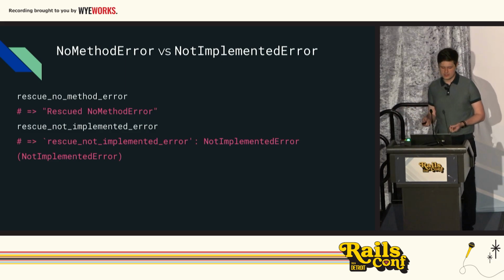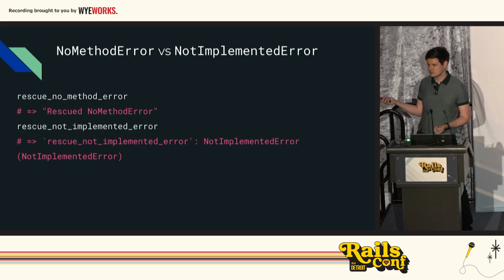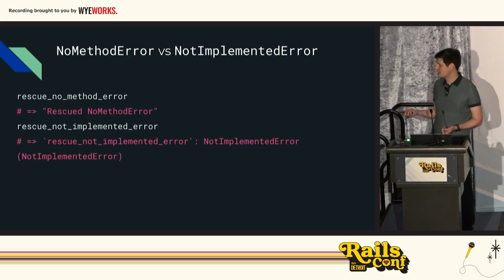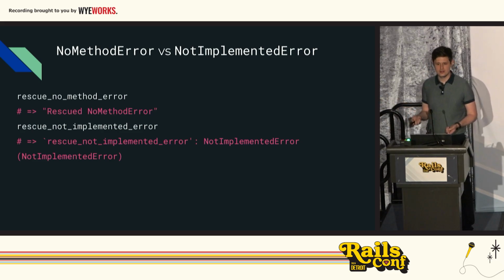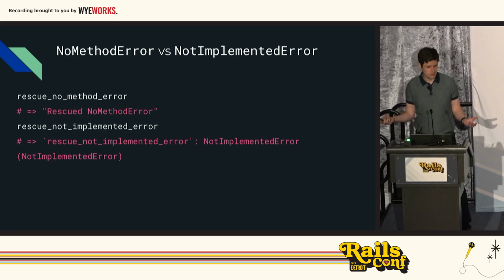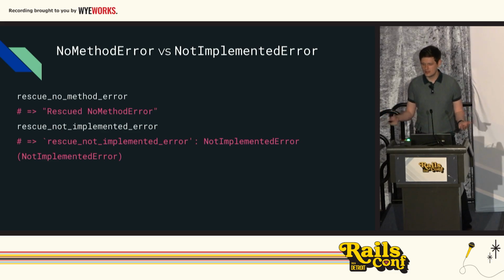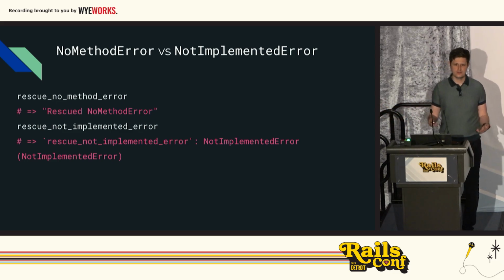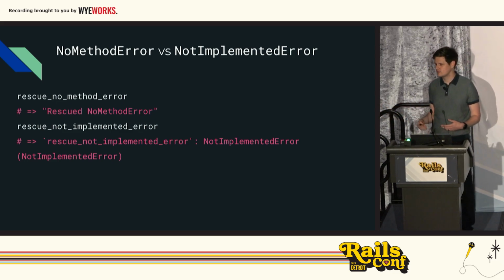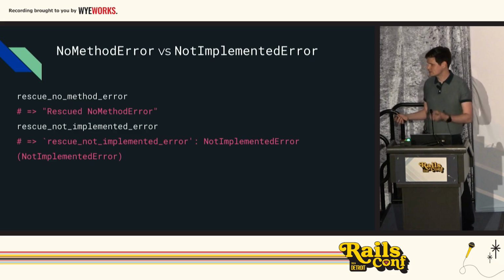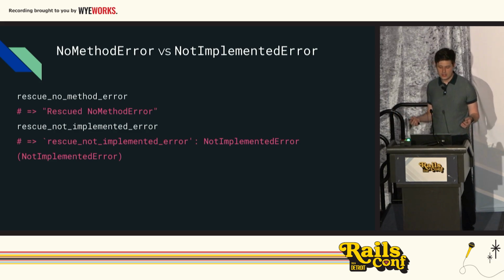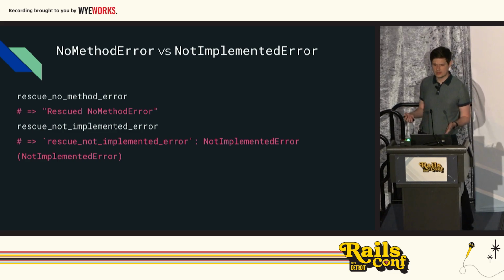However, when we call the NotImplementedError method, it wasn't actually rescued. And that is because NotImplementedError, unlike most other errors that we work with, is not a StandardError. It's a ScriptError, and ScriptError inherits directly from Exception. So if you have your bare rescue, or if you're explicitly rescuing StandardError, you won't rescue NotImplementedError.